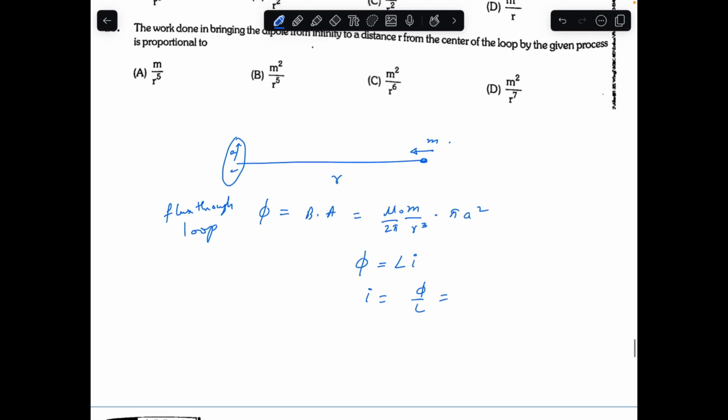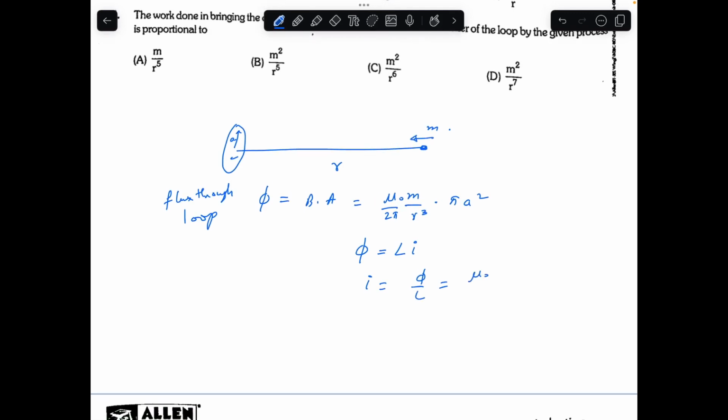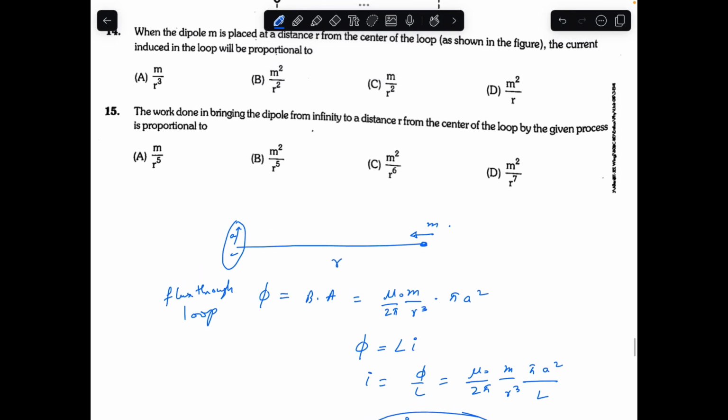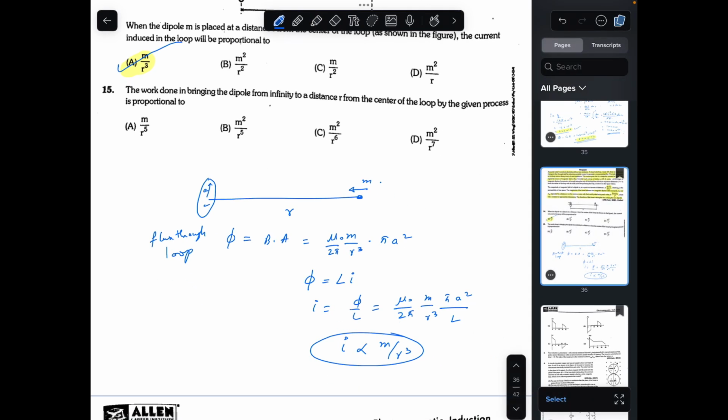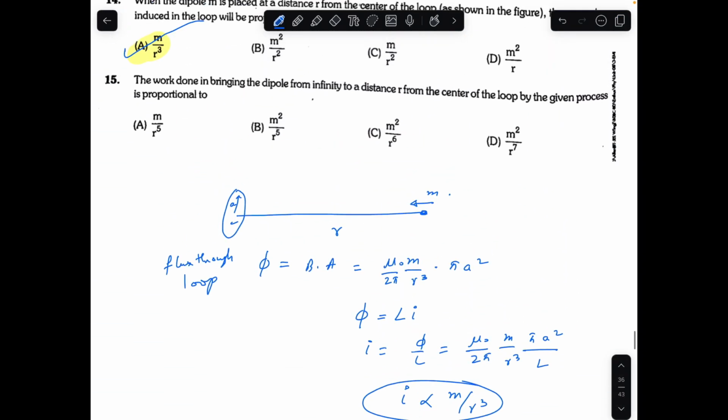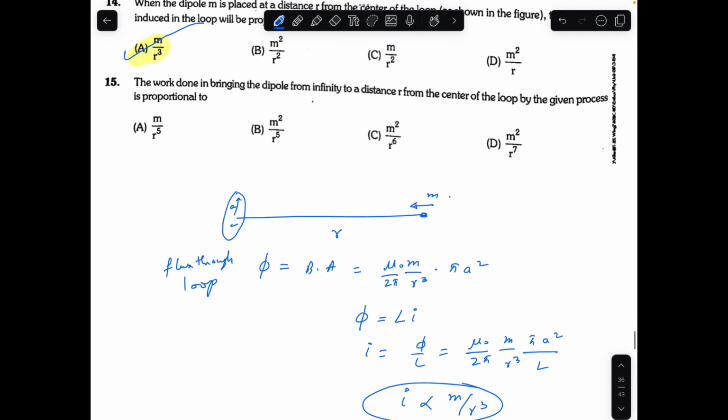I is phi by L, which is mu naught by 2 pi, m by r cube, pi a square by L. So I is directly proportional to m by r cube. Which option? Yeah, option A is the correct. Then option A is correct for 14.